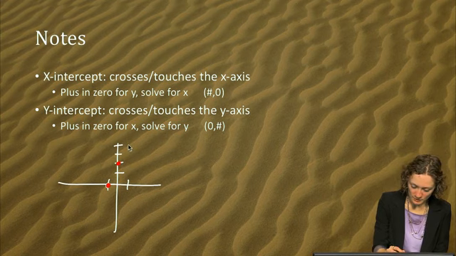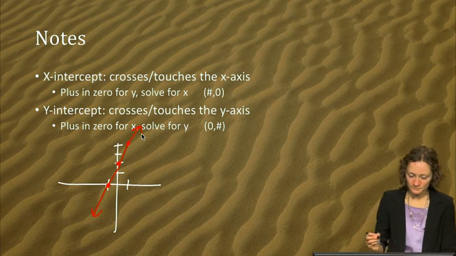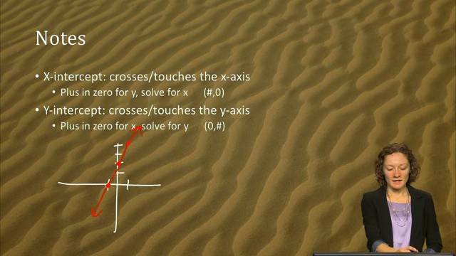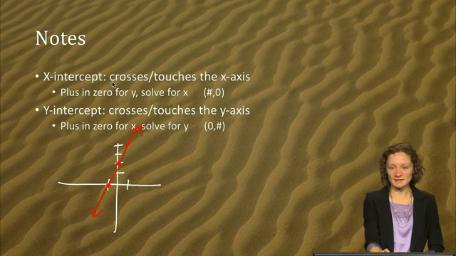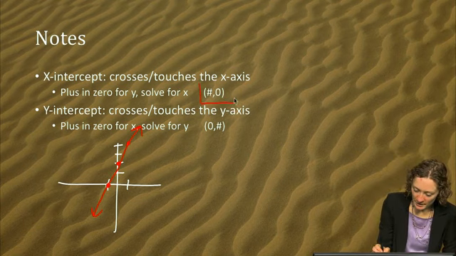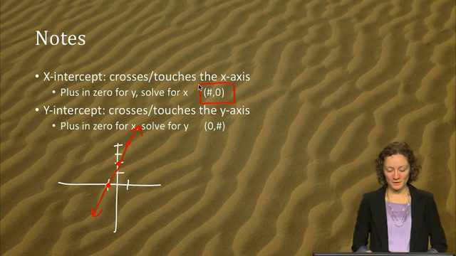So an x-intercept is a point that crosses or touches the x-axis, and you find this by plugging in 0 for y and solving for x. So your ordered pair will look something like this. In a linear equation, there's only going to be one of them.